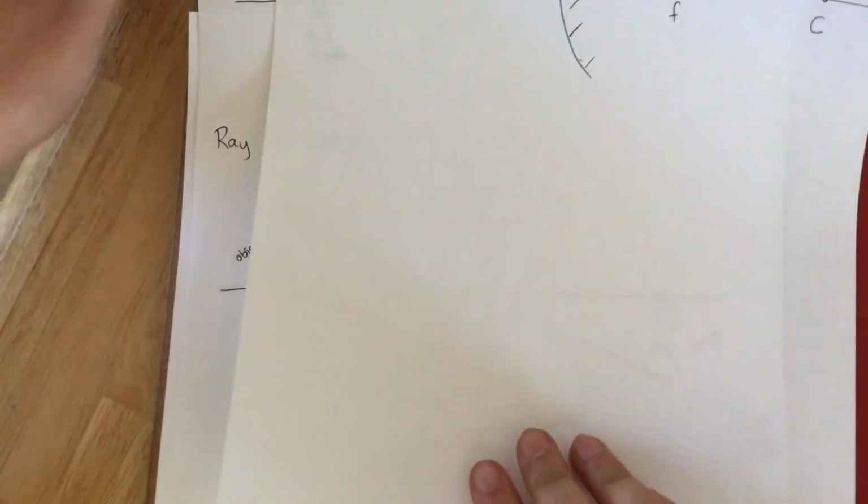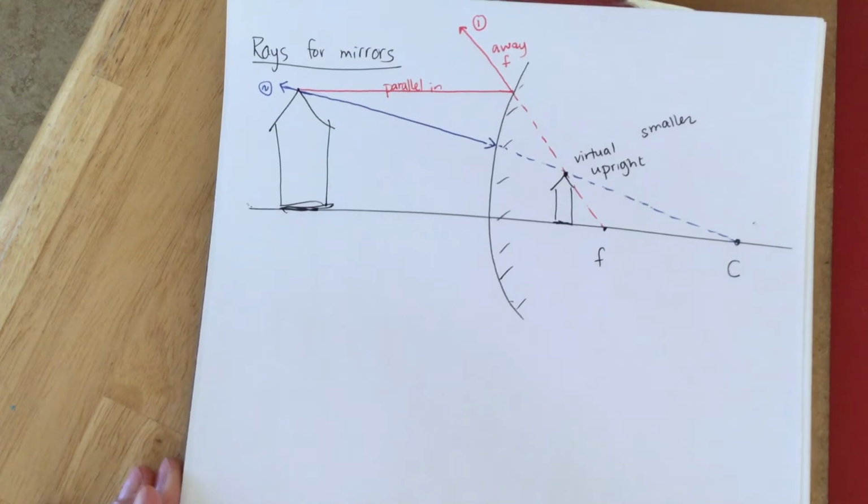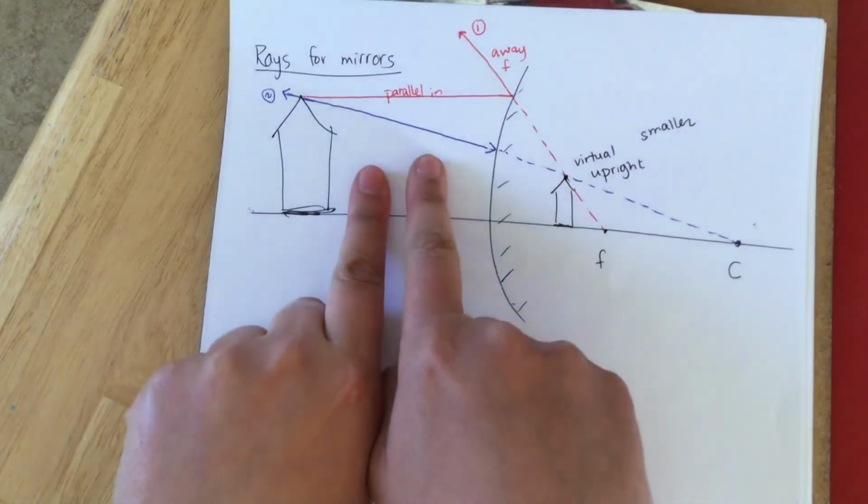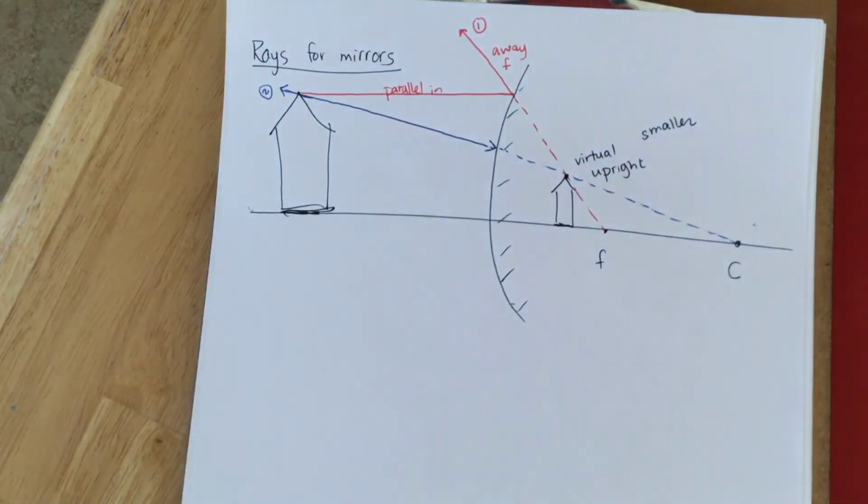So, when I'm trying to classify images, I basically have three tools. I can draw ray diagrams and use that to classify the images that are formed.